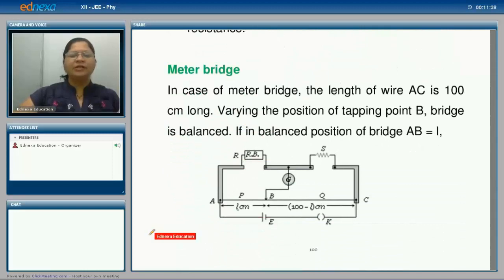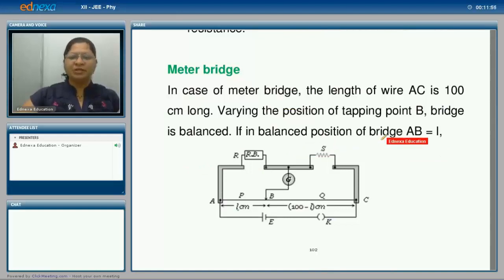Now the meter bridge, as you have used it in the laboratory. In case of meter bridge, the length of wire AC is taken to be 1 meter long. Varying the position of tapping point B, the bridge is balanced.